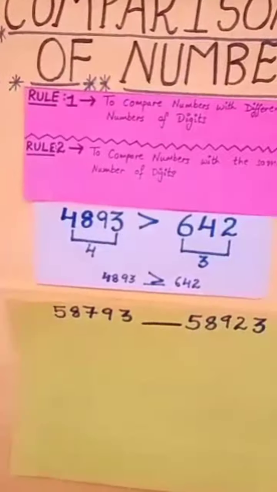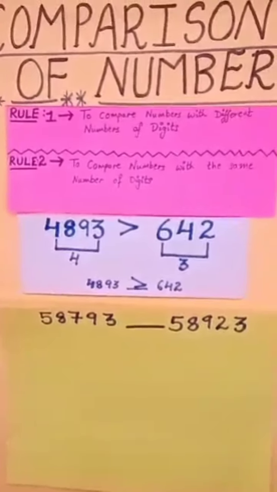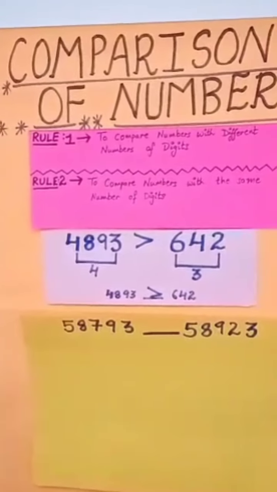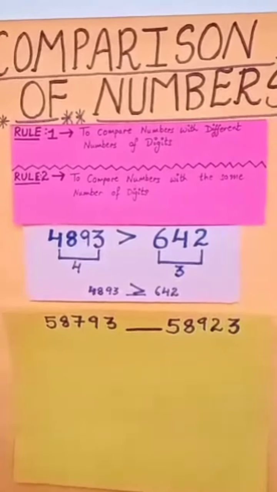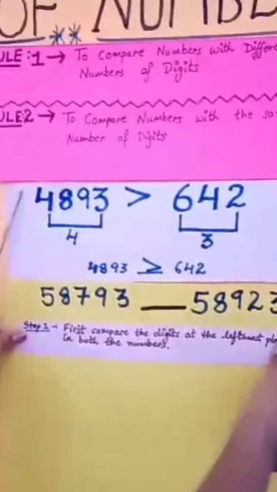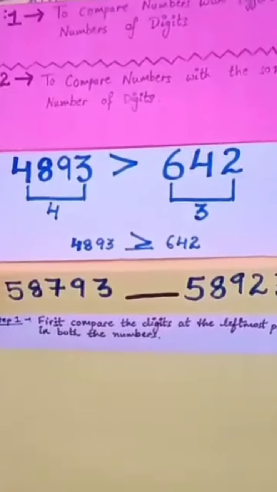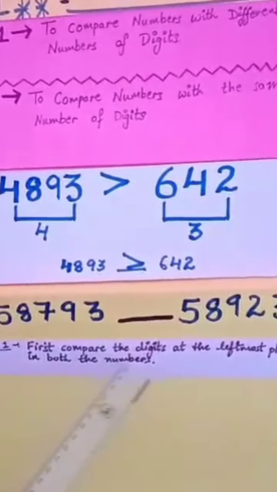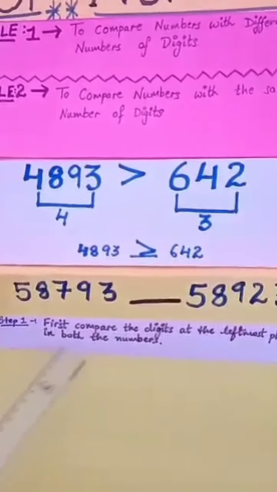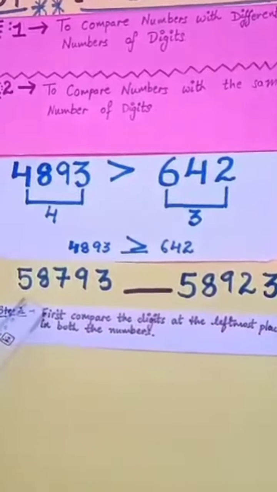So, we need to follow steps. So, our step number 1. Our step 1 says, first compare the digits at the leftmost place in both the numbers. Correct?